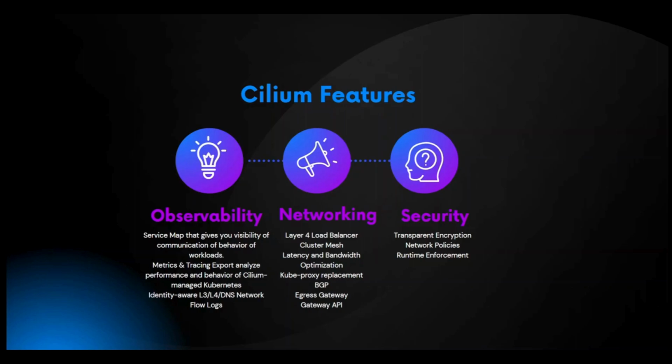So it does identity-aware layer 3, layer 4, and DNS network flow logs. It also does egress gateway. It has also rolled out the Gateway API. I believe it's on version 1.14 that recently came out a couple days ago. Very fast moving project, a lot of support. You've likely heard of Isovalent. I'm probably not saying it right.